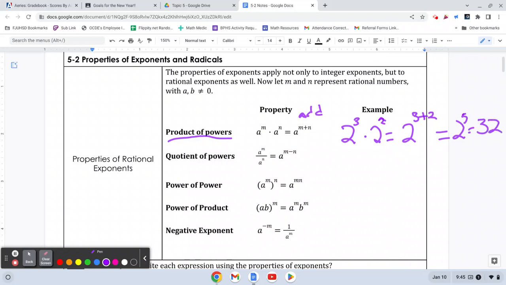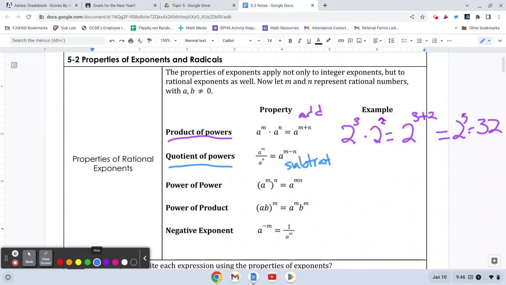All right, so the quotient of powers, this is when we're dividing them. When we multiplied them, we added them. When we divide them, we're going to subtract them. So if I have a to the m power divided by a to the n power, I'm going to write that as a to the m minus n. So this is going to be subtraction instead of addition, opposite.